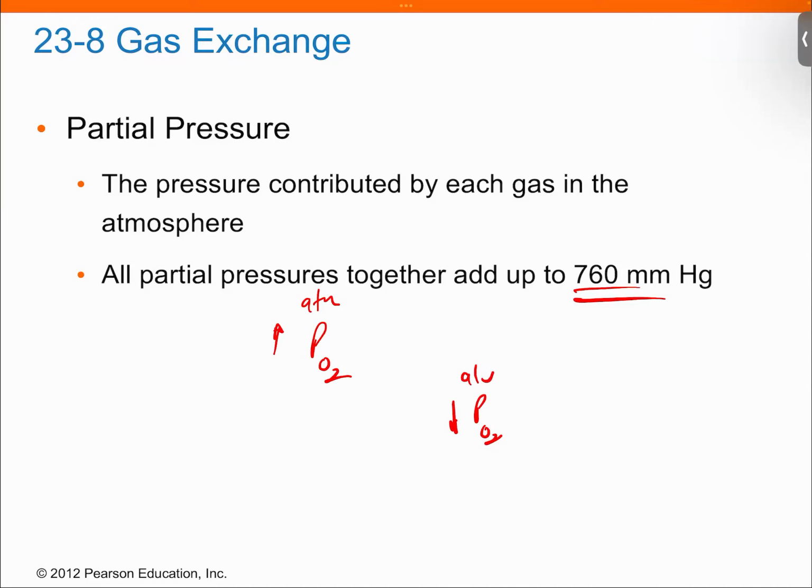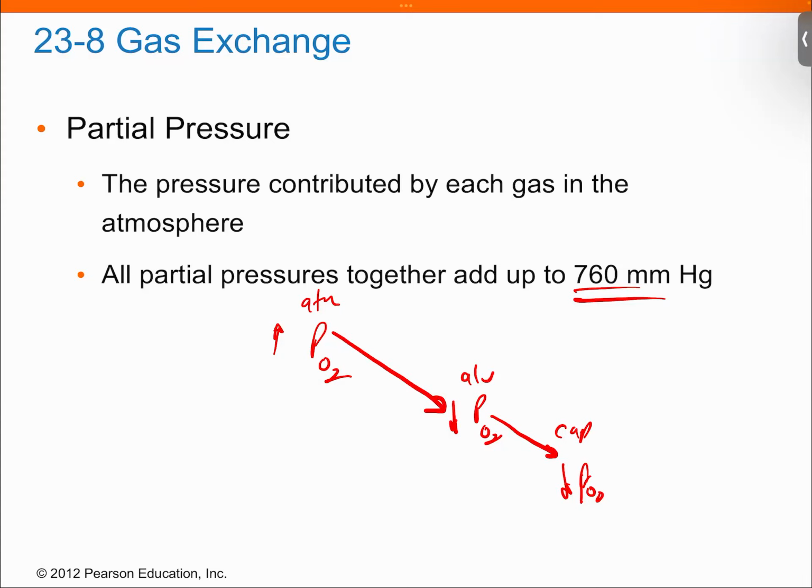Because if we set up that pressure gradient, then the oxygen is naturally going to want to flow down its pressure gradient from the atmospheric gas into the alveolus, right? And if we go from the alveolus to the capillary, we want it to be even lower still, so that it continues to move down its pressure gradient into the capillary. That's diffusion, following its pressure gradient.